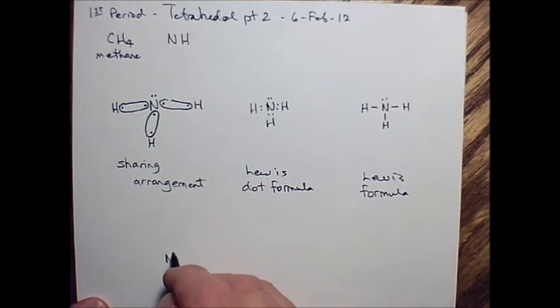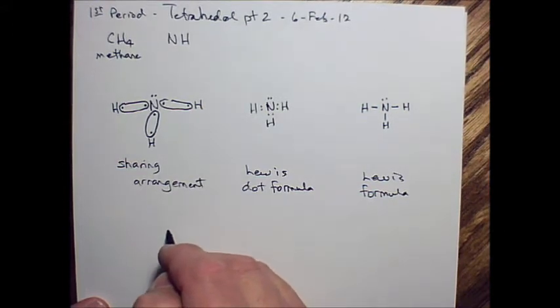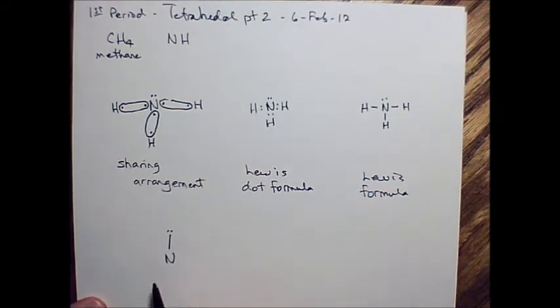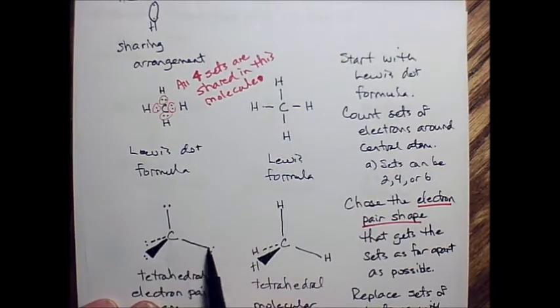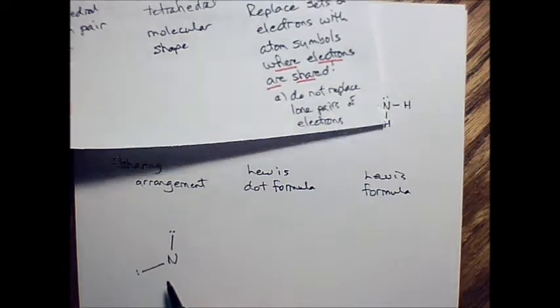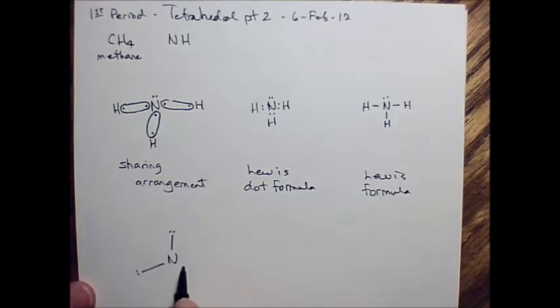So we're going to start with the nitrogen in the middle. 1 set of electrons up here. 1 set of electrons over here. Now on this drawing, I put the second line there. It's okay to reverse it. It doesn't really change the shape. I'm going to make a triangle here, showing the electrons that are coming out away from the paper toward you, and then a dotted line back here showing those electrons are going back behind the paper.